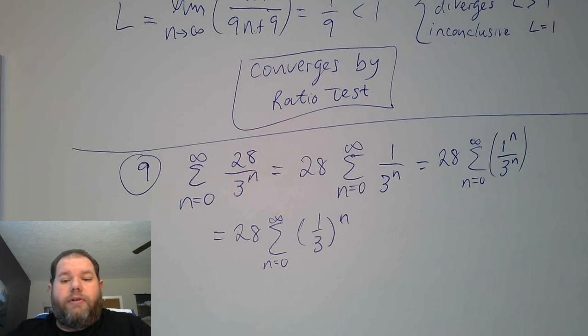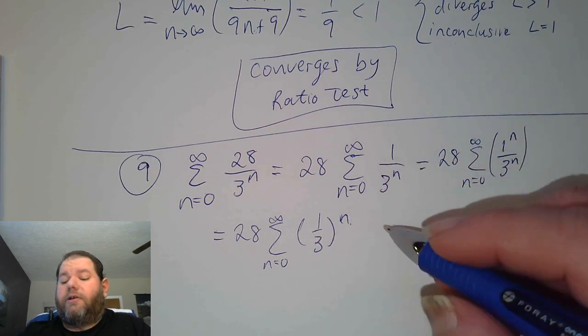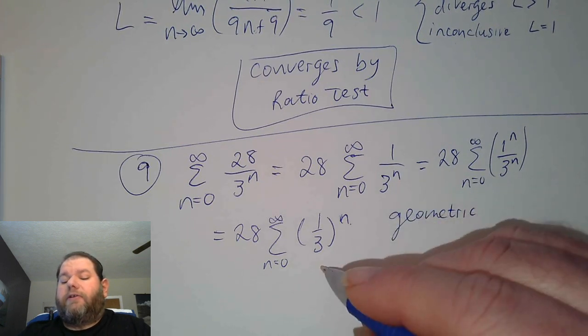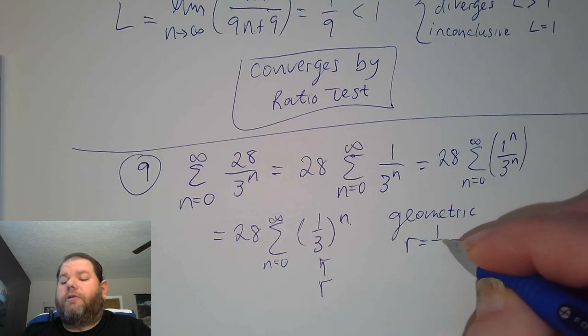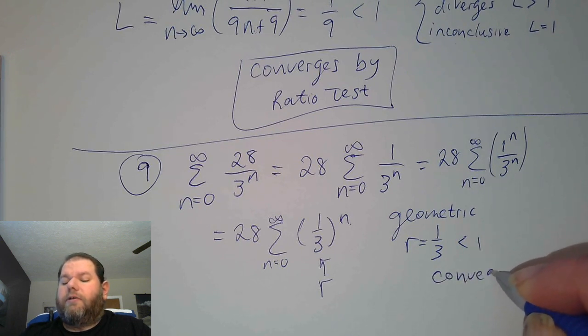Now with 1/3 to the nth power, that's a geometric series. Any constant to an nth power is geometric. And that's our r value right there in the parentheses, 1/3. R equals 1/3. It's less than 1, so it converges.